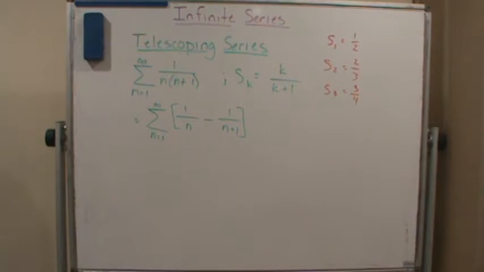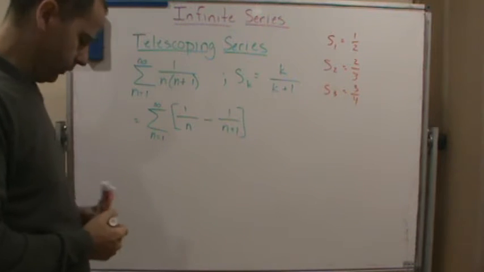Again, verify that on your own. Go through the technique, and you'll find that it is 1 over n minus the quantity 1 over n plus 1.